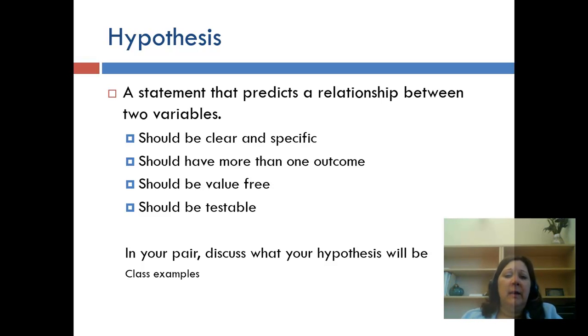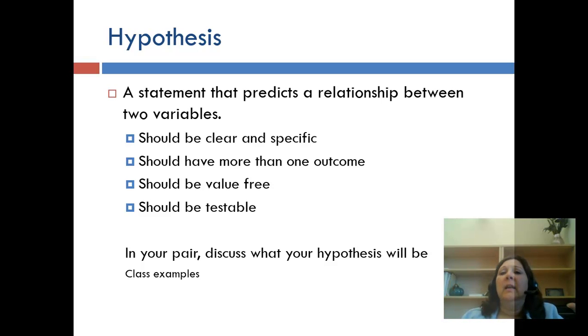So you may say, our group hypothesized that foster families with more education have more placement stability for the children that live in them. So you see how I thought that one thing affected another. That's the relationship.